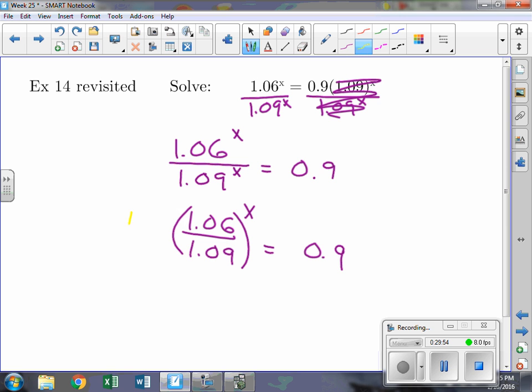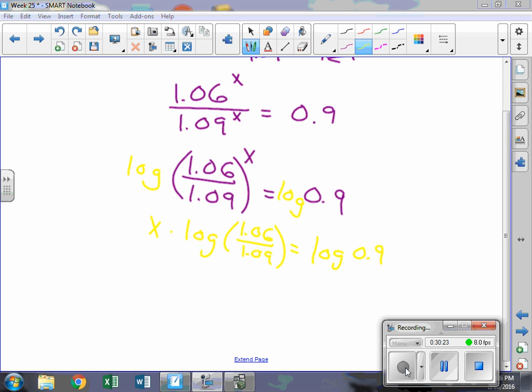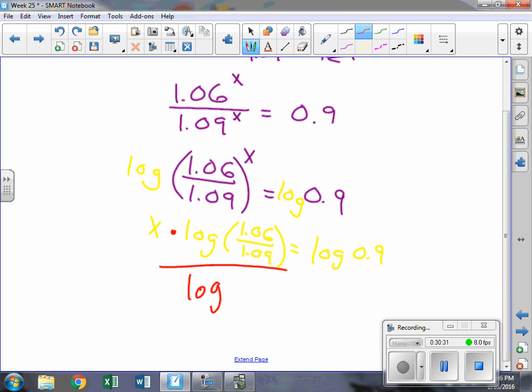At this stage, I can take my logarithm, and having taken the logarithm, we can apply the power rule one time instead of two. x multiplied by the logarithm of, and finally, to isolate the x by itself, get rid of the multiplication, divide.